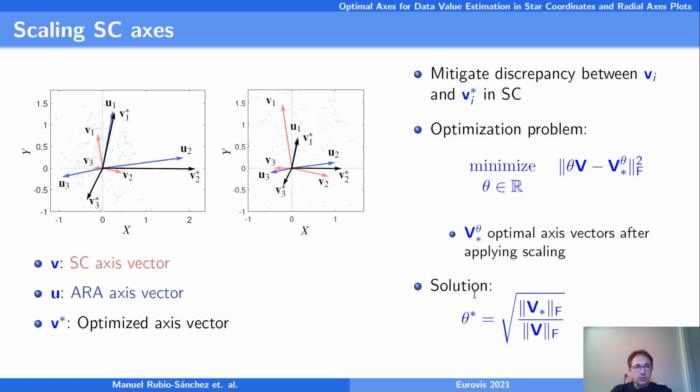So we also propose to scale the axis vectors of star coordinates so that they will be as similar as possible in a least square sense to the optimized vectors. This scaling parameter can be found by solving this optimization problem. And the solution is expressed in this nice closed form formula. Again, the details are in the supplemental material.